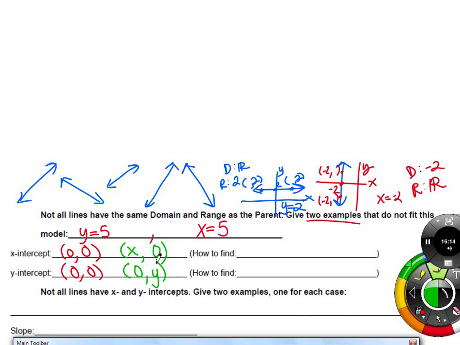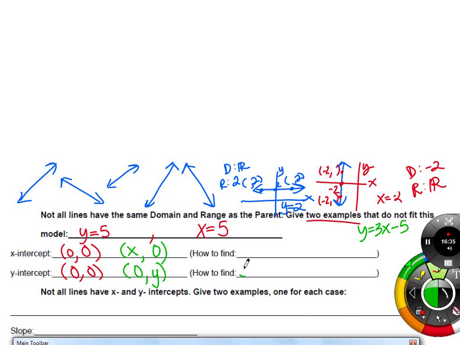So if I have an equation like this in front of me, what algebra do I do to find the y-intercept? Yeah. Good. Okay. To find the y-intercept, it's going to be whatever the y number is when you know for sure that the x is 0.